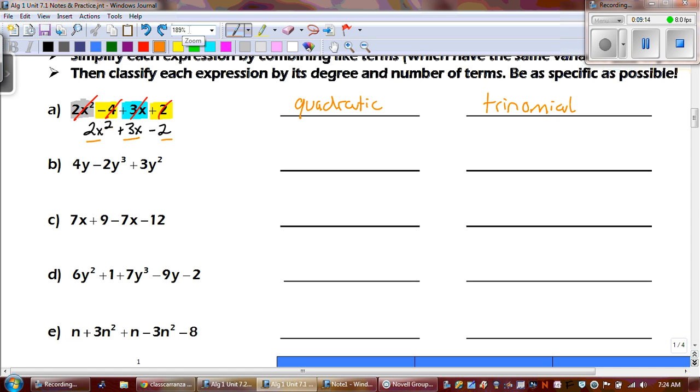All right, let's do another example. Let's look at B. Okay, first I'm looking for the highest exponent. There's nothing I can combine it with. After the cubed would be the squared. There's no like terms for that. And then lastly, we have that 4y, and that's a positive 4y.